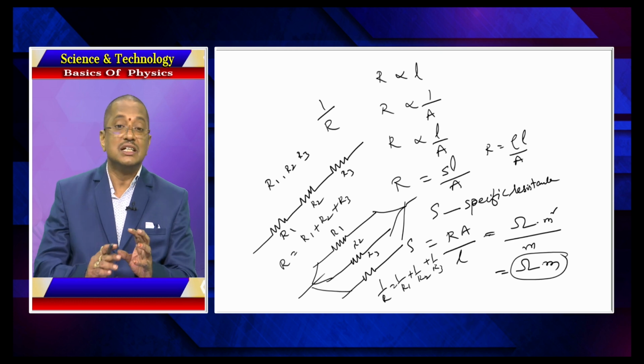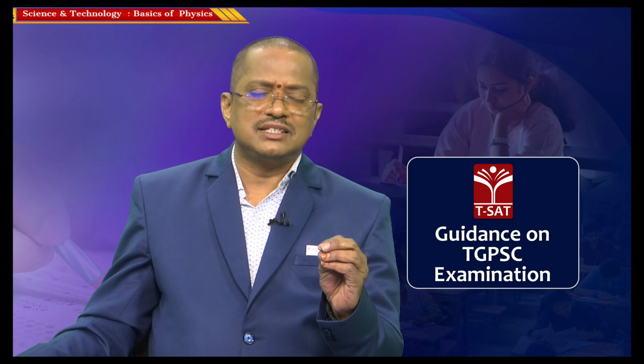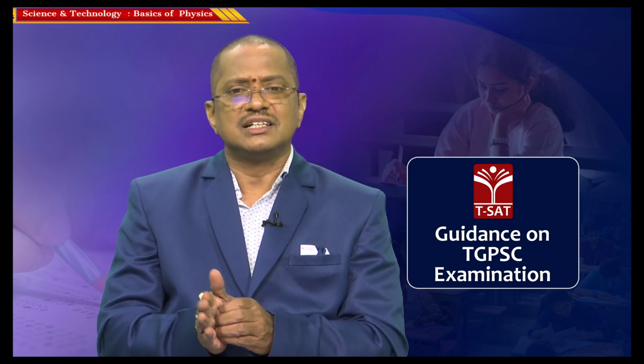This is about resistance. Clear? That which obstructs the flow of current is called a resistor, and every object has its internal resistance.